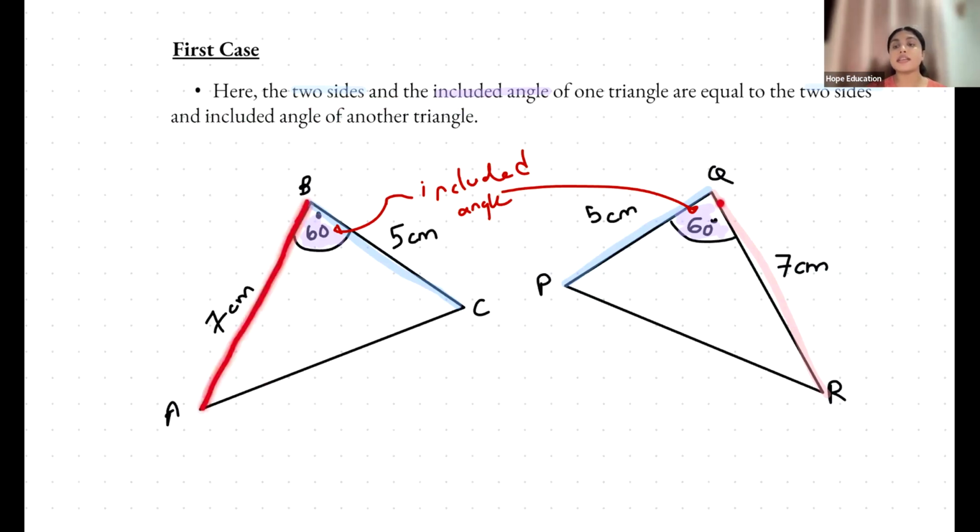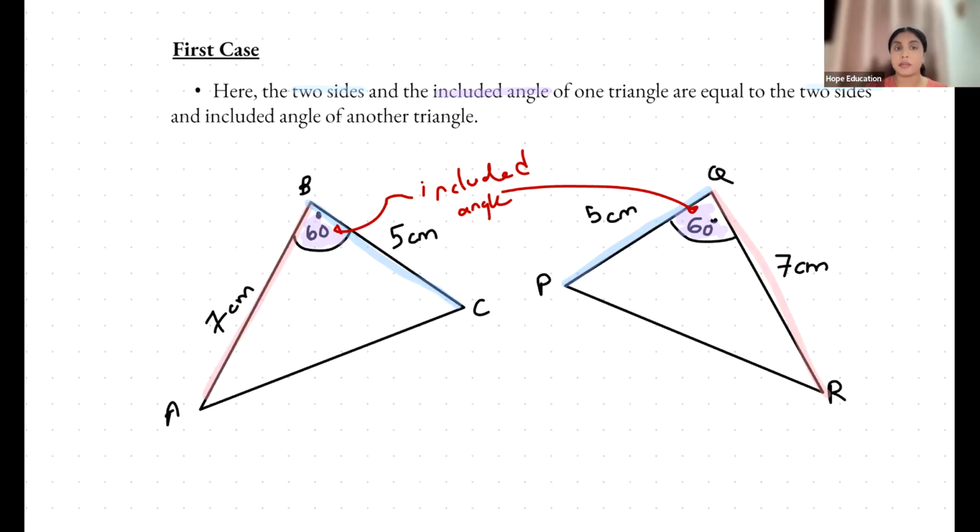Here the side QR is 7 centimeters. Therefore, that side pair is equal. Here the side BC is 5 centimeters. Here the side PQ is 5 centimeters. Therefore, they are also equal. Now we have two sides of this triangle equal to two sides of this triangle.